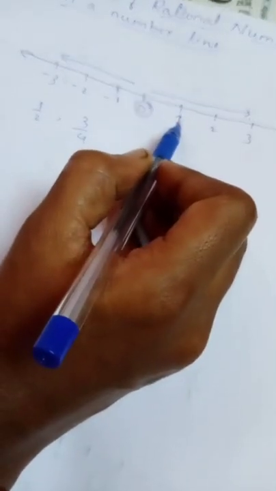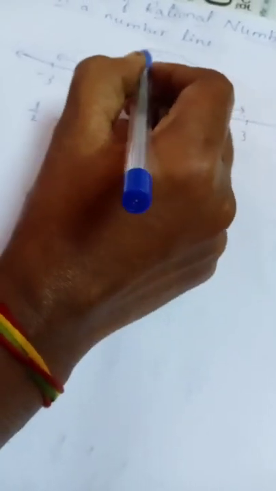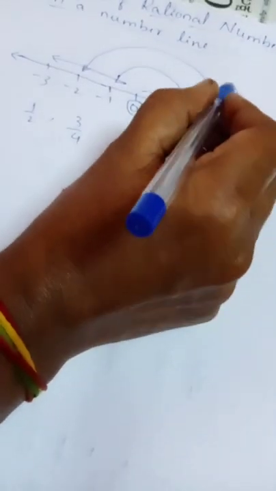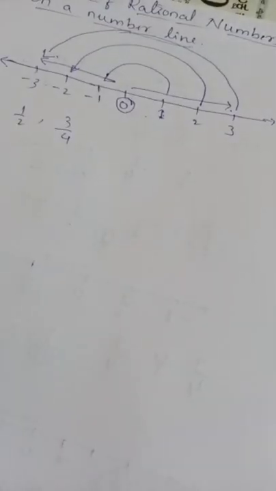Here is a positive 1. The integer 1 has -1 as its corresponding integer. The integer 2 has -2, and the number 3 has -3 as its corresponding integer.